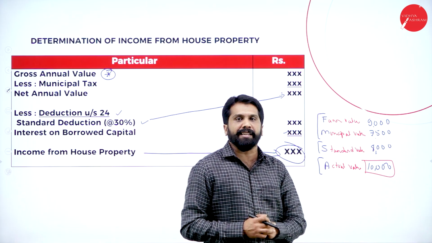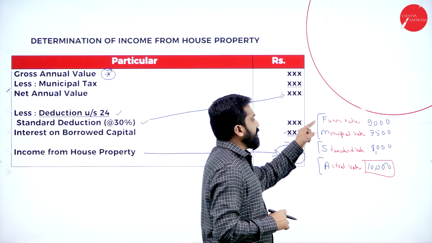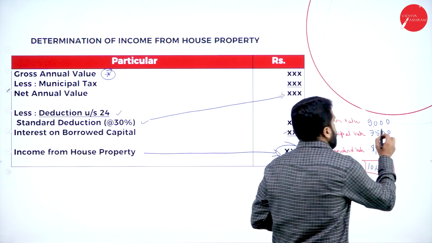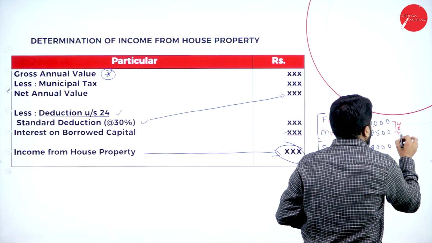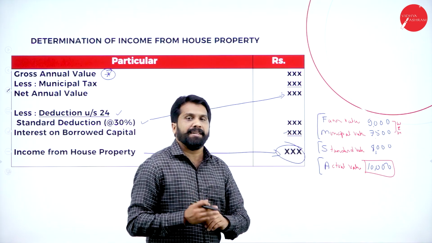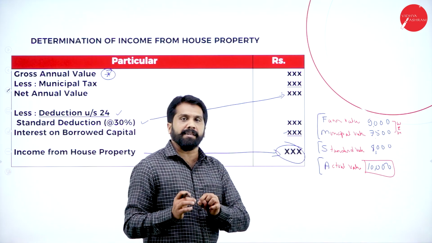Now we'll go for selection. How to select? Very simple. Fair value or municipal value: whichever is high, out of these two, we consider as the answer. Clear? Any doubt?